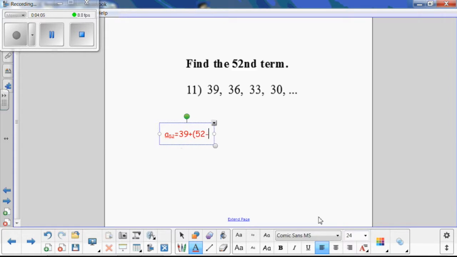Instead of n, we would use 52, and our common difference, which is negative 3. We could then type that in our calculator and get negative 114 as our answer.